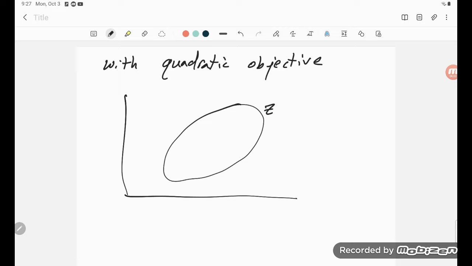And so maybe this is z equals 20. And again, for us, most of the time, z will get smaller as the ellipse here gets smaller, but it doesn't have to.